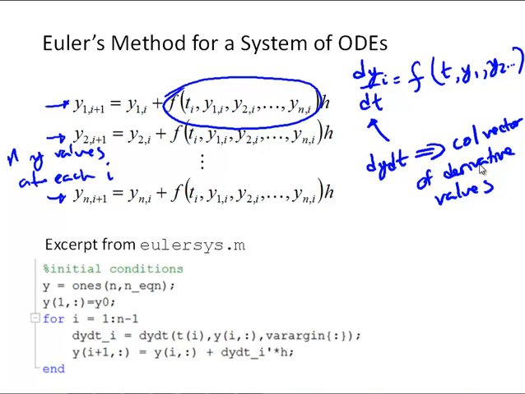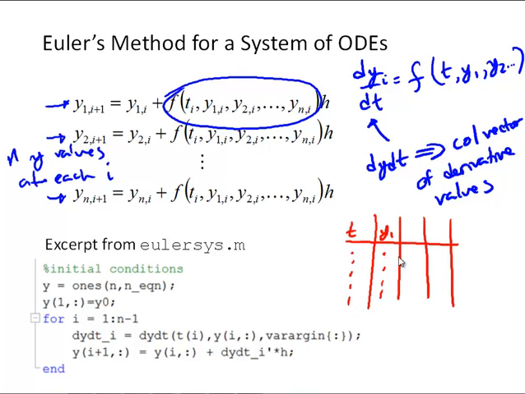So let's look at how that works in an M file to implement Euler's method. The first thing we need to do is figure out how we are going to keep track of our y values. We're doing it this way mostly because this is how MATLAB's ODE solvers are set up as well. We can imagine building a table with our t values, y1, y2, etc. onto yn, all as columns in a matrix.